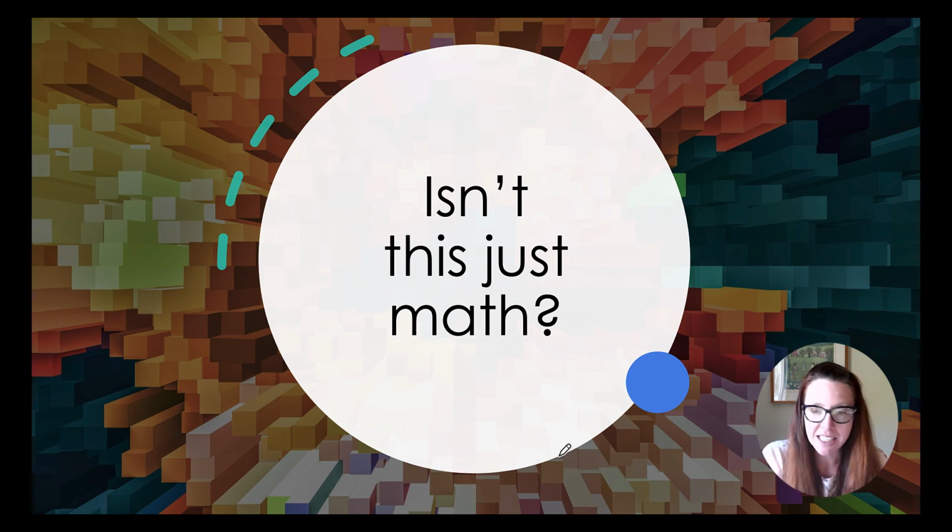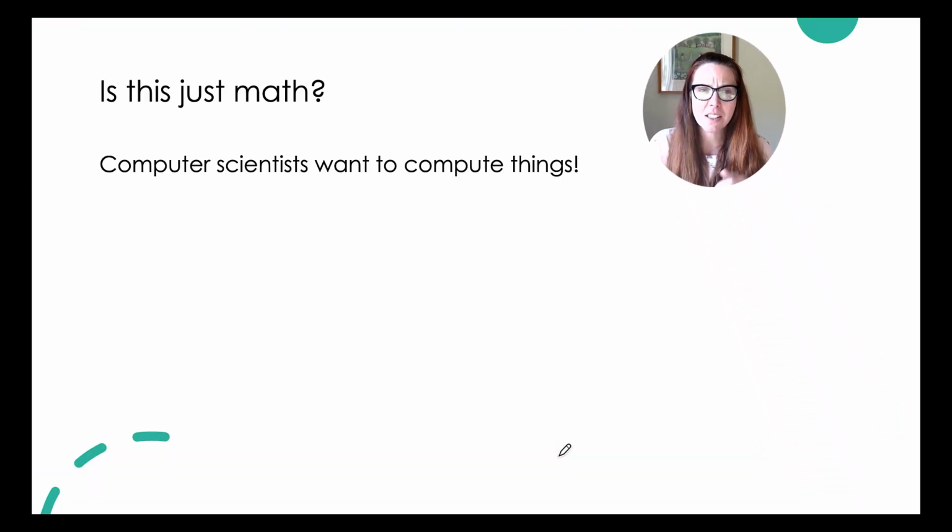Okay, so that's a lot of mathematical definition. Isn't this just math? That's probably the question you should ask yourself, and the one that I always hope to answer throughout. So is this just math? Computer scientists want to compute things, and we're talking about these abstract concepts and giving terminology to functions. What I want to do is compute things.